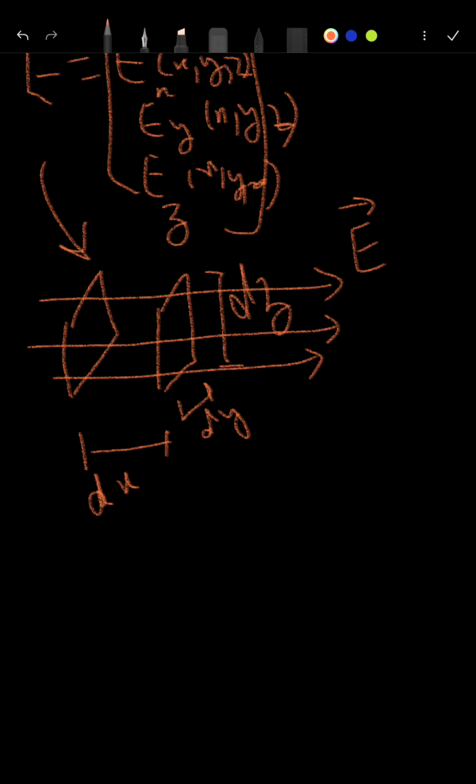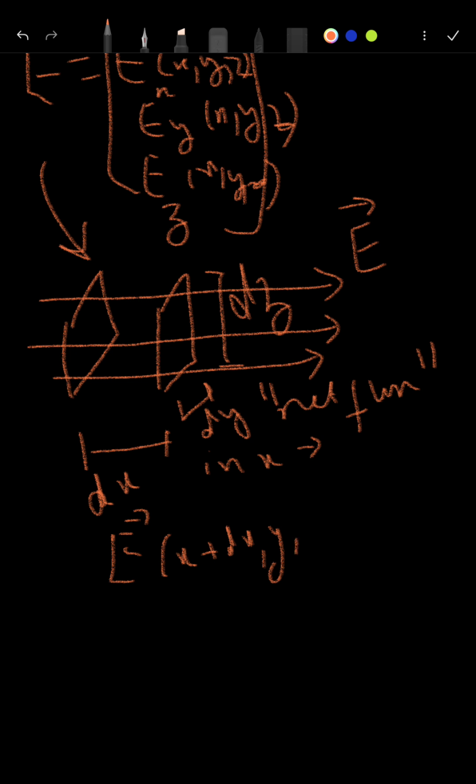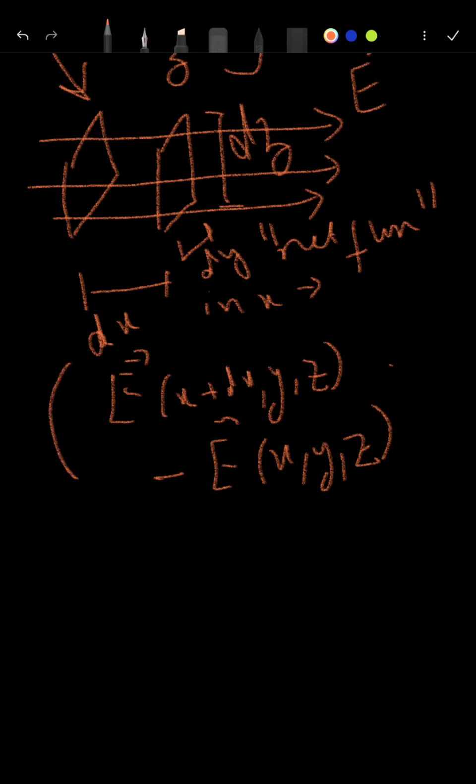Talking about flux, the net flux in x is times the area, which is nothing but dy times dz.